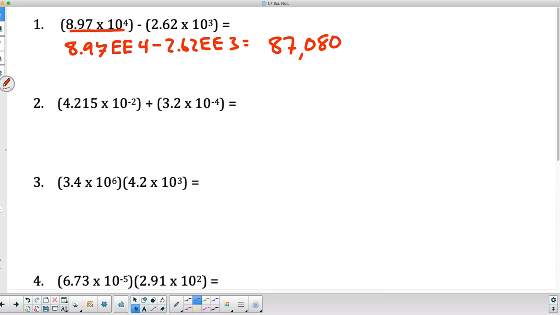If I change that to scientific notation, that is 8.708 times 10 to the 4th, because I went 1, 2, 3, 4 places to the left. Either of those answers is acceptable. So use your calculator to do the scientific notation, because it makes it a lot easier. All right, good luck. Let me know if you have any questions.